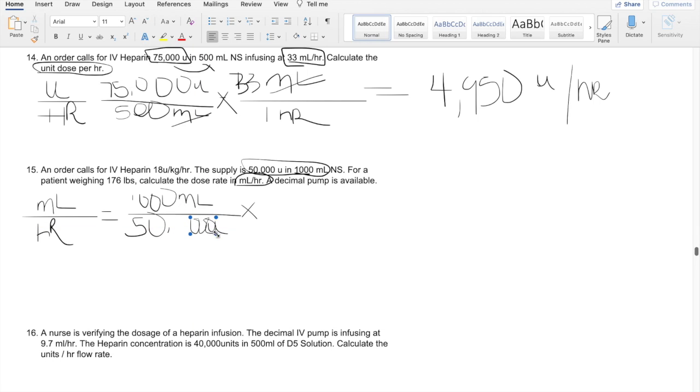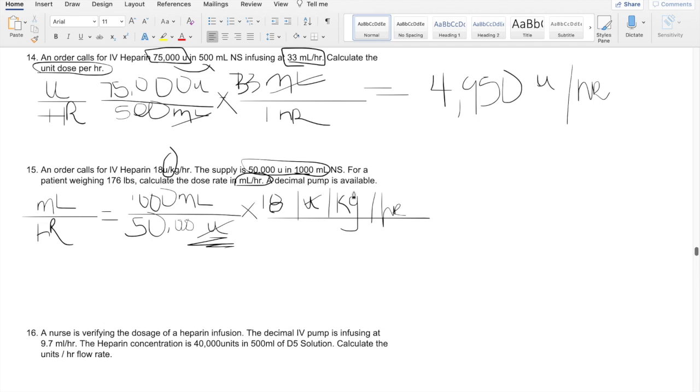Now we're going to times that by 18 units per kilogram per hour. And we're going to write that on the top to cancel out the units. Now that we have our units canceled out, we have to worry about our kilograms.